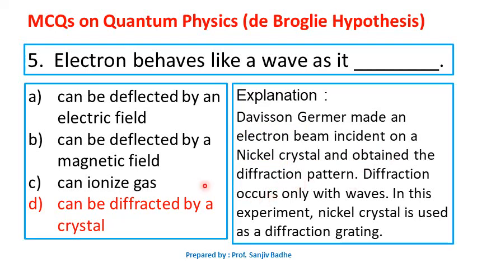As the diffraction pattern occurs only if waves are present, Davisson and Germer confirmed the existence of wave associated with the electron. Therefore, the answer to this question is electron behaves like a wave as it can be diffracted by a crystal.